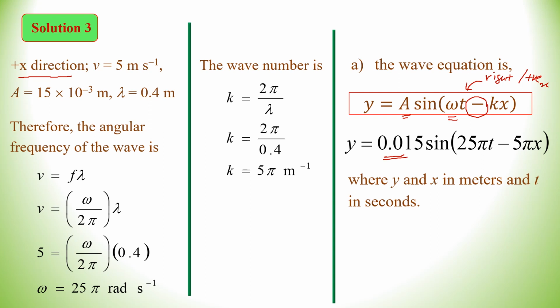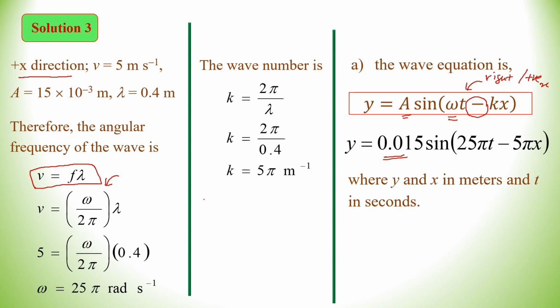How to find omega? Okay, first we can find the frequency. From the equation V equals to f lambda. How do you get this equation?